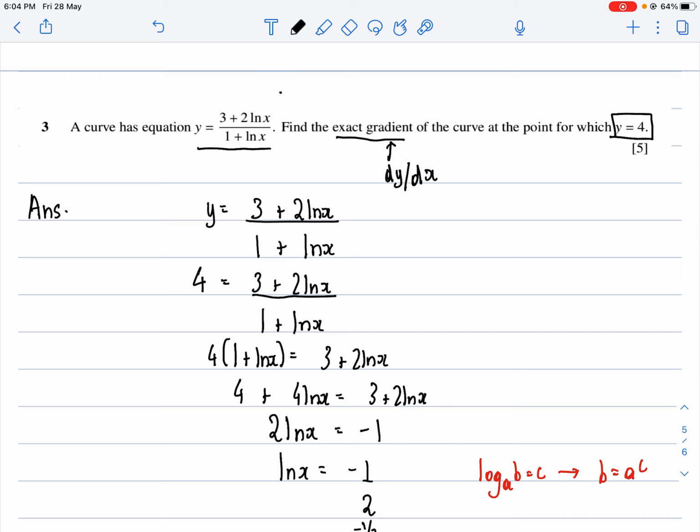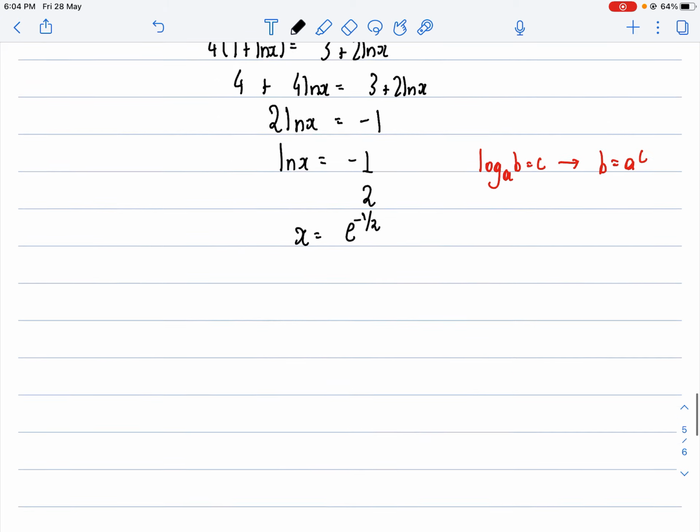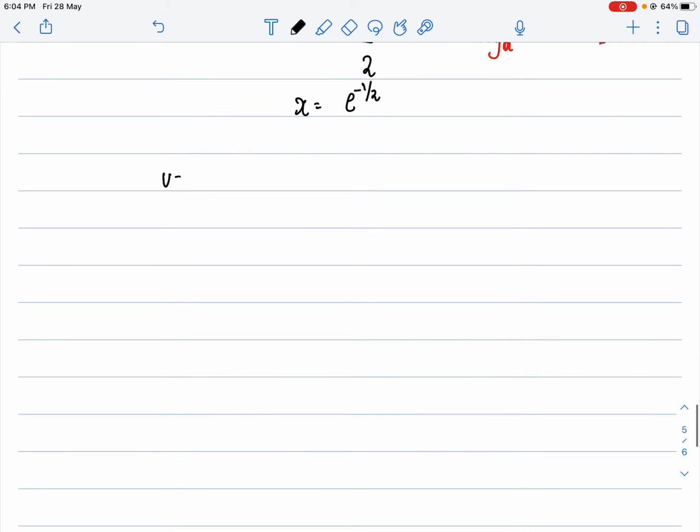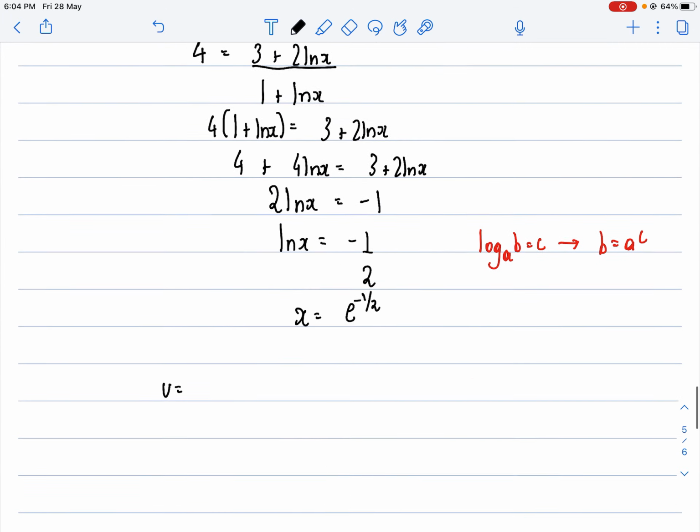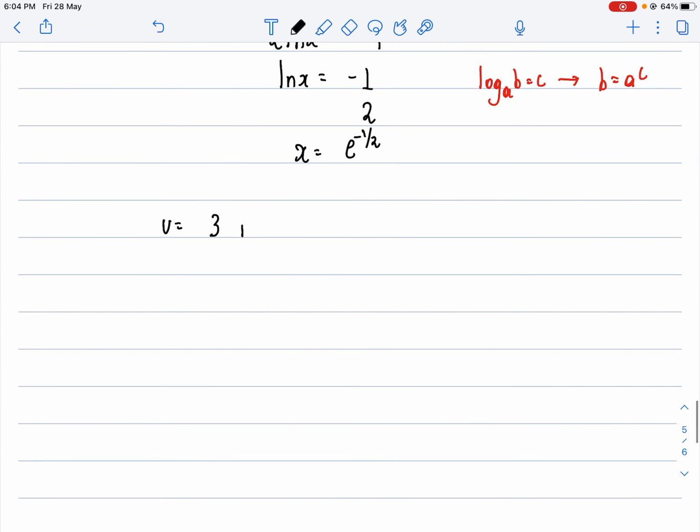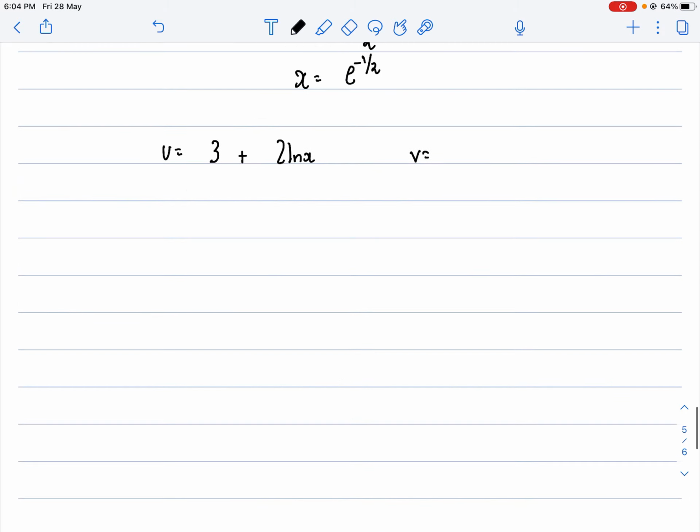So I need to differentiate this function, for which I'll use something called the quotient rule, as an entity is divided by another entity. So I can take my u basically as the numerator, which is 3 plus 2 ln x, and I can take my denominator as v, which is 1 plus ln x.